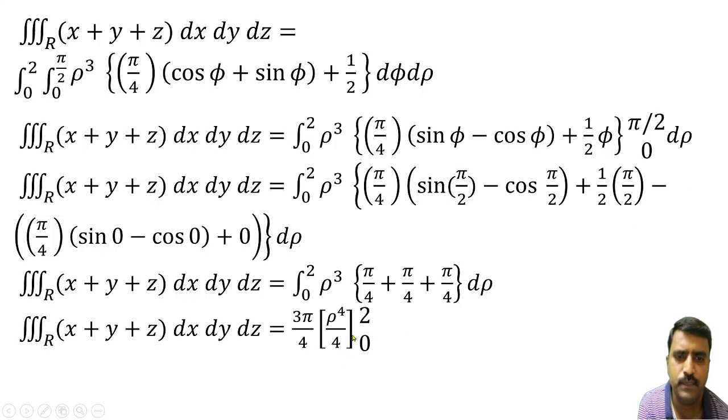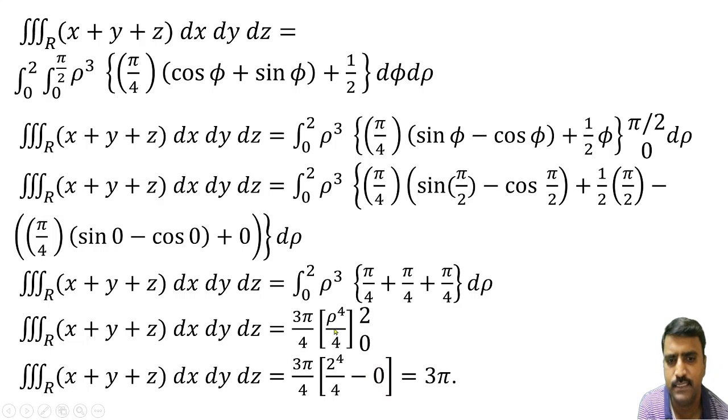So pi by 4 plus pi by 4 plus pi by 4 is 3 pi by 4. Next integration is with respect to rho. Integration of rho cube is rho to the 4 by 4 and apply the limit. Its limit is 2 to the 4 by 4 minus 0, and simplifying this 2 to the power of 4 is 16. 16 by 16 cancel, remaining is 3 pi.